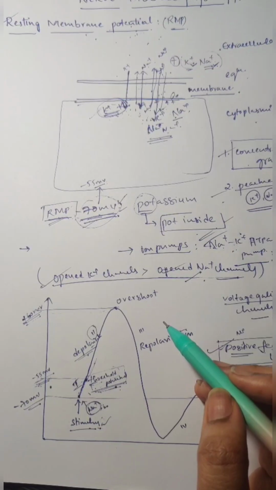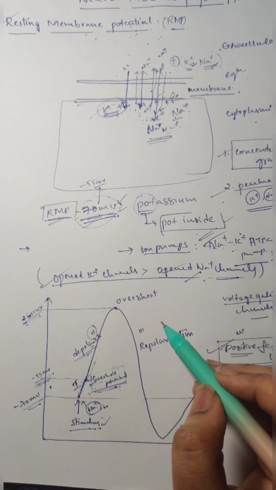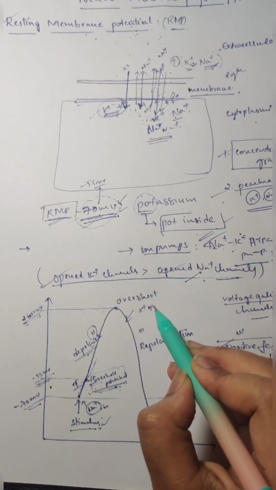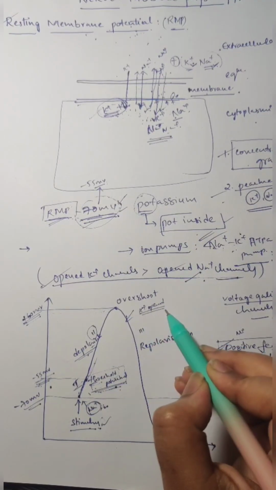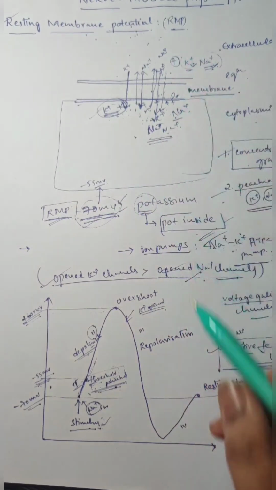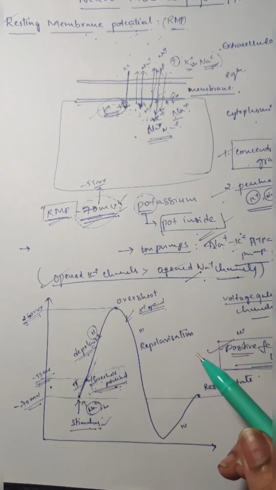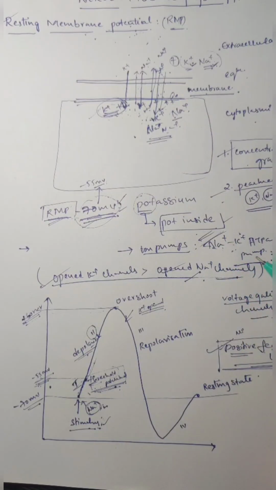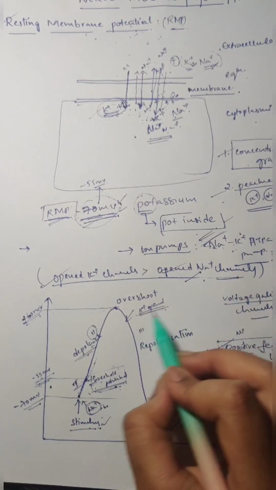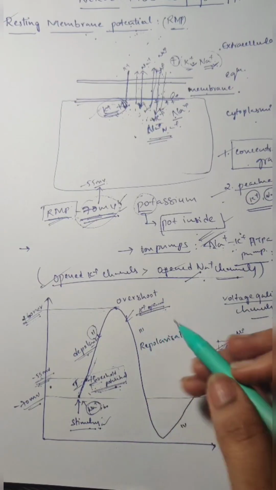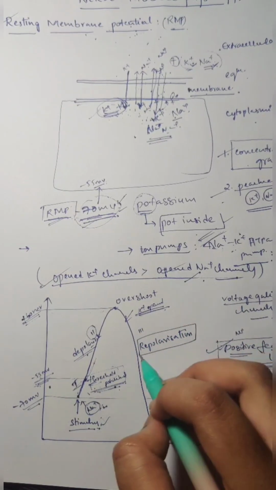The voltage gated potassium channels are going to be opened now. So when they open, the potassium ions are going to come inside and sodium ions are going to go outside. Sodium ions go outside by what pump? By the Na plus K plus ATPase pump. Whenever potassium ions are coming inside, the repolarization phase is starting.